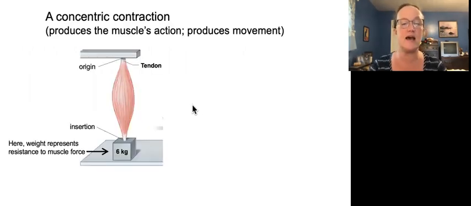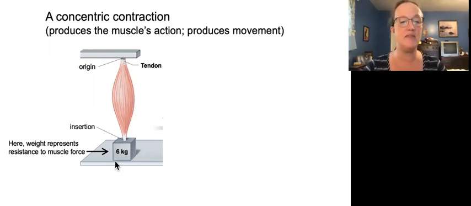So I have a few of these little diagrams here that illustrate the concepts of the different types of muscle contractions. What we have is a model of a muscle where this bar up here represents a bone, and there's a muscle attached to it by a tendon at the origin. So that would be the origin of the muscle.